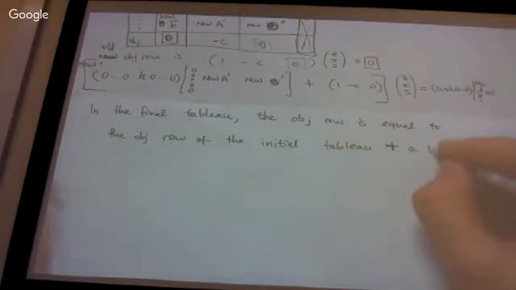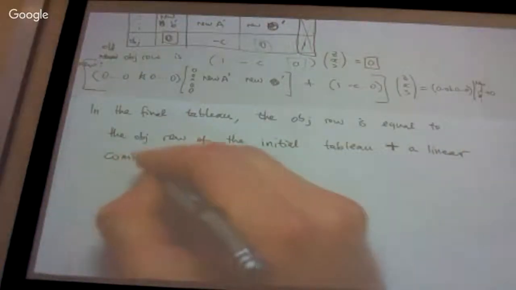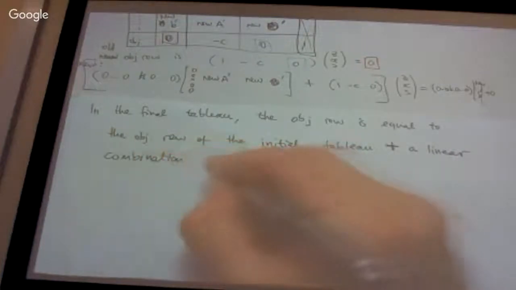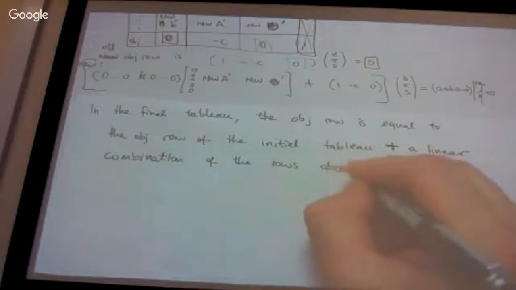Okay, if you don't understand it now, that's okay. Just you need to think about it again when your mind is fresh. Okay, so what I added is a linear combination of the rows above.